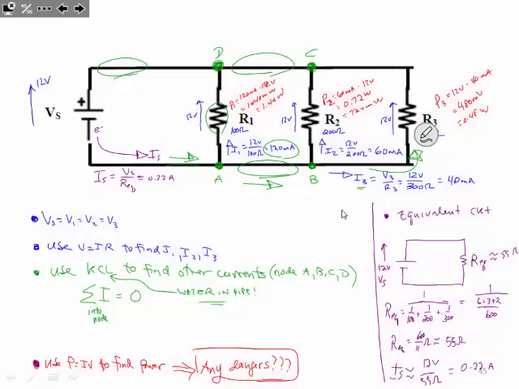Those two branches, I calculated, I've got 60 milliamps here, and 40 milliamps here. If this splits into 60 and 40, then our total here must be 60 plus 40, because that 60 plus 40 is what splits. So our current through this bottom branch must be 100 milliamps.